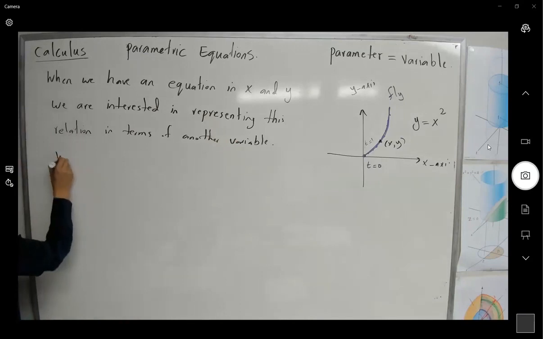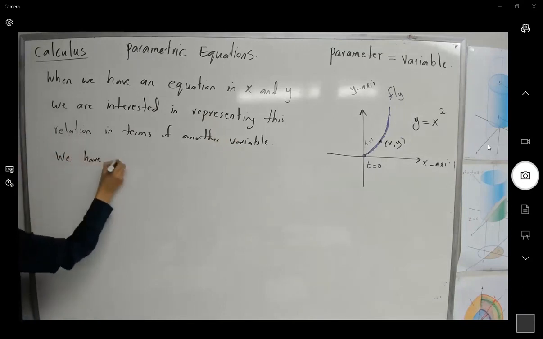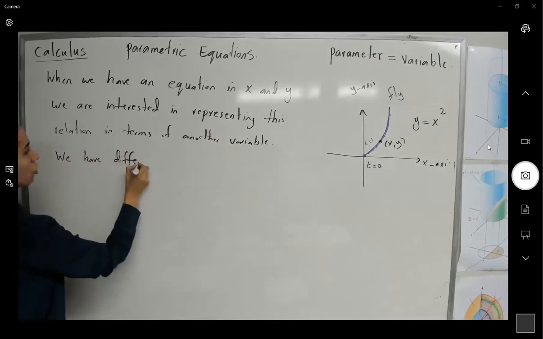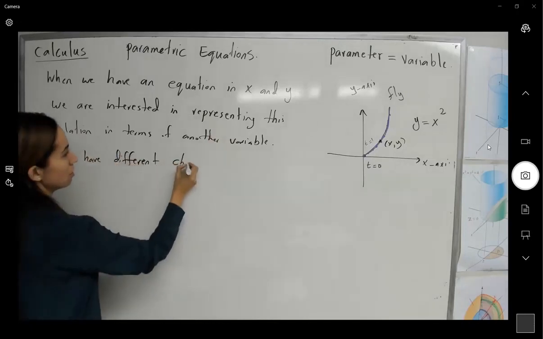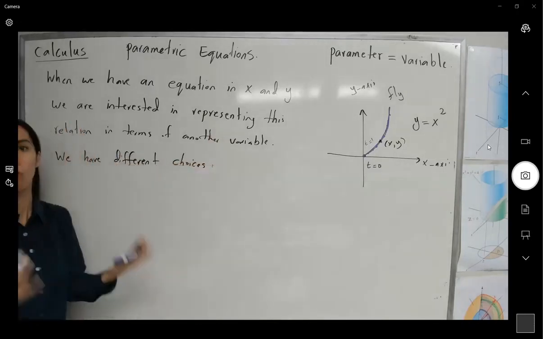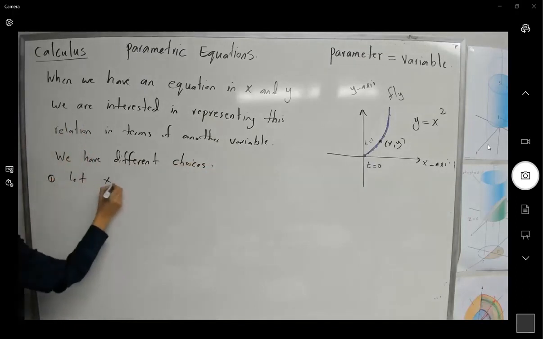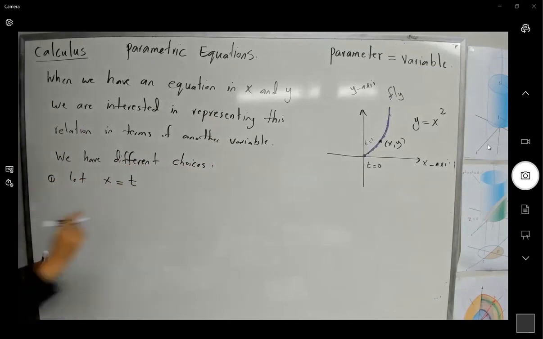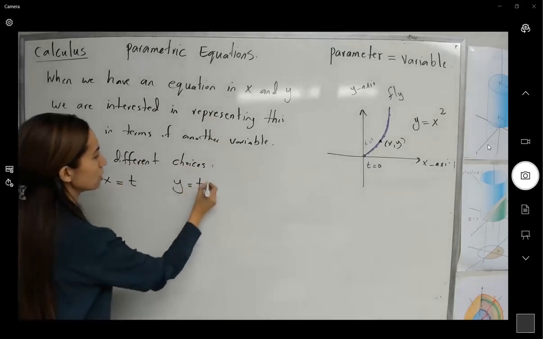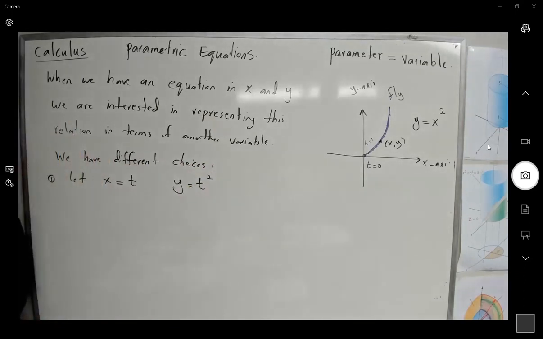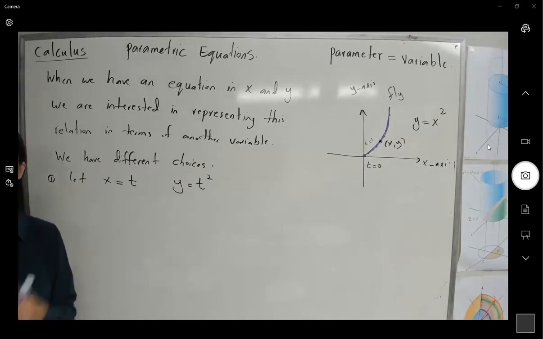So we have different choices. One choice might be, hey, let x be equal to t and y is going to be t squared. I'm going to set my x equal to variable t, so my y is equal to t squared.